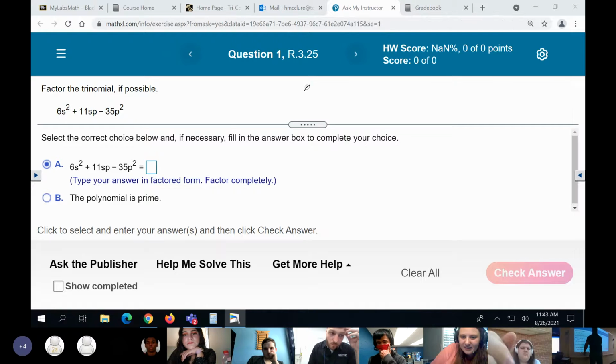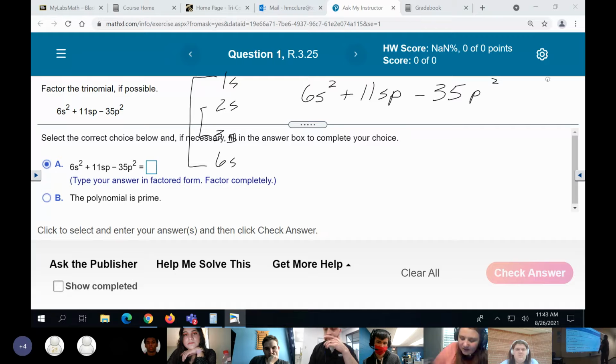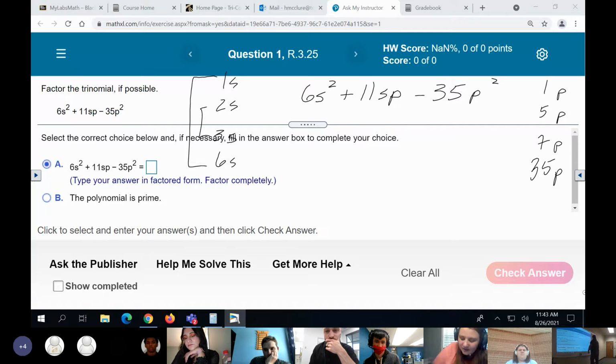So 6S squared plus 11SP minus 35P squared. 1S, 6S, 2S, 3S. 2 times 3 will give you 6. 1 times 6 will give you 6. 1 times 35. 5 times 7. And 1 times 35 will give you 35. 5 times 7 will give you 35.